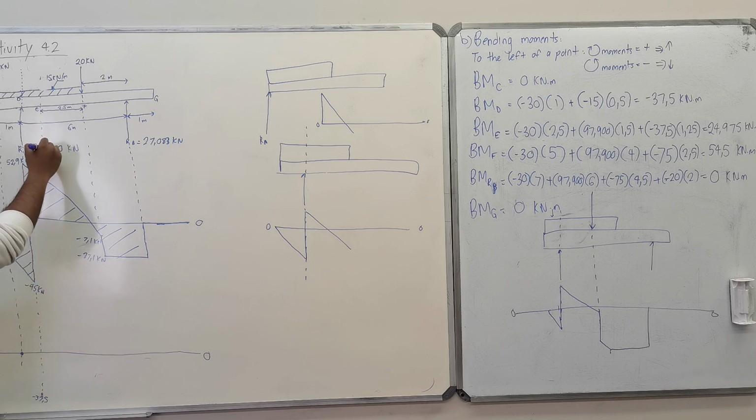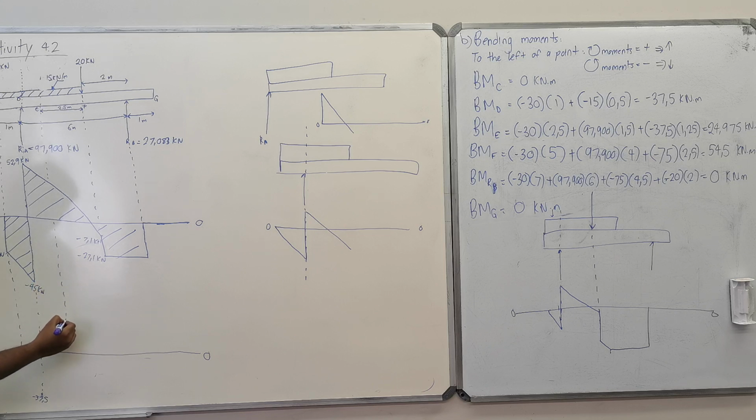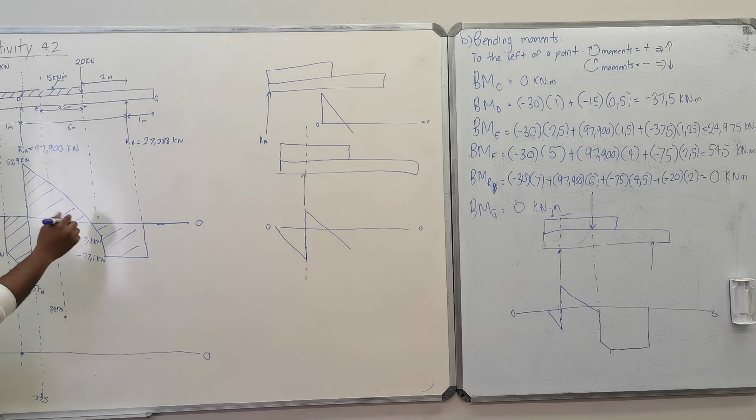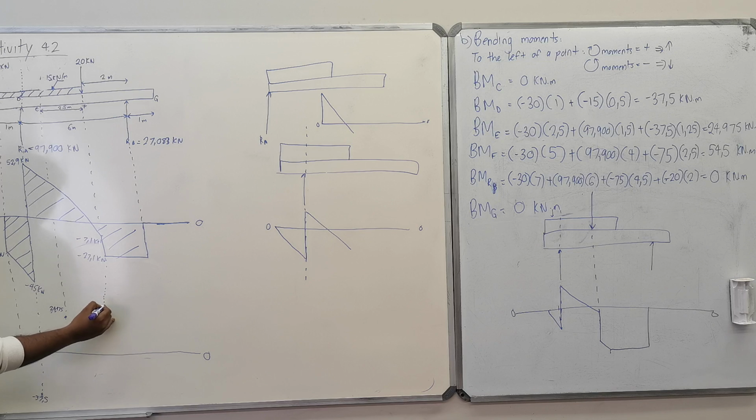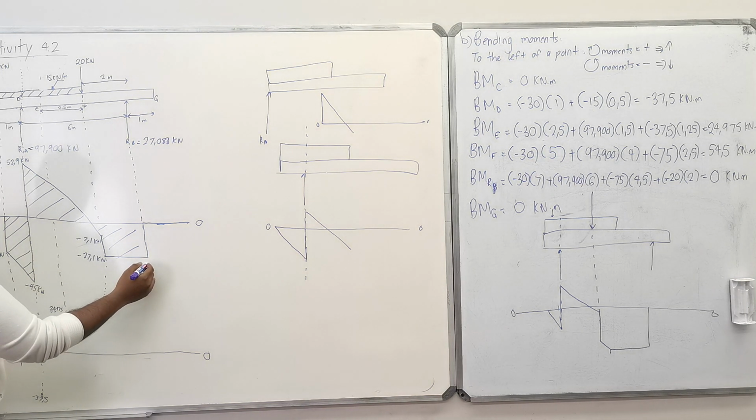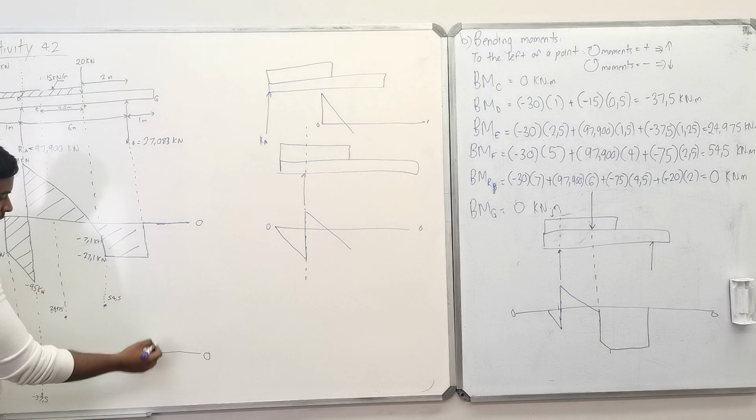Bending moment at E is 24. So it's a positive value. It says here, right? 24.975. Then at F 54.5. And then back to 0.